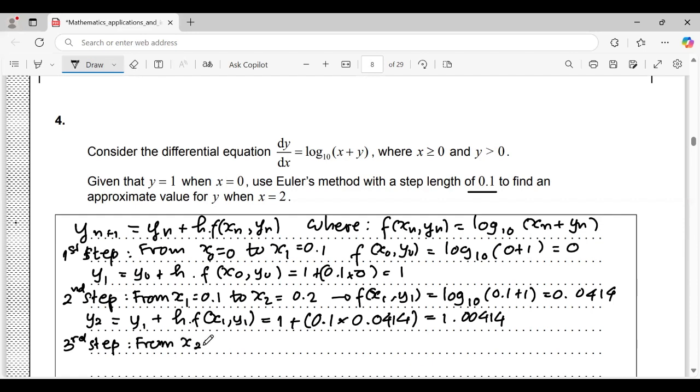The third step, from x2 equals 0.2 to x3 equals 0.3.